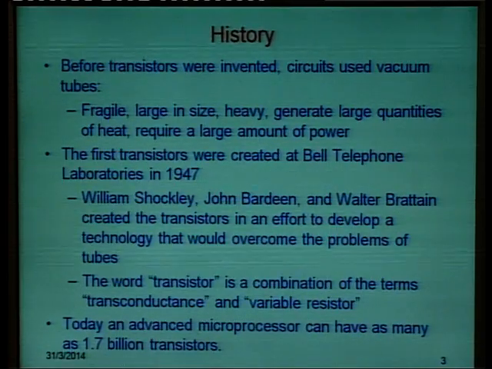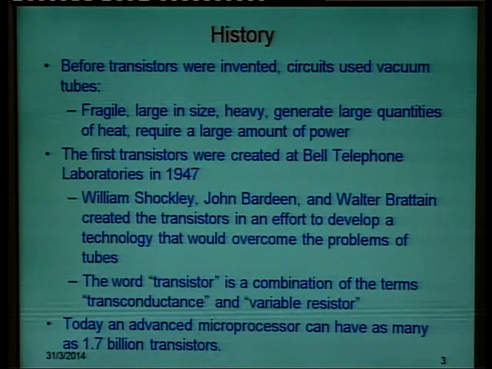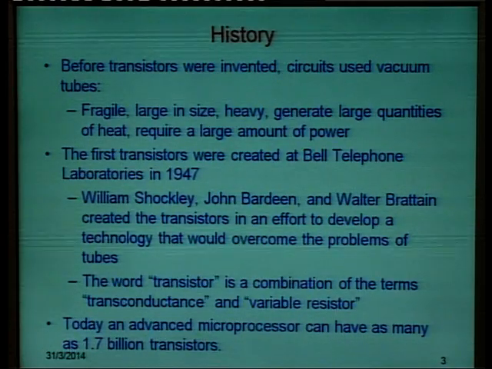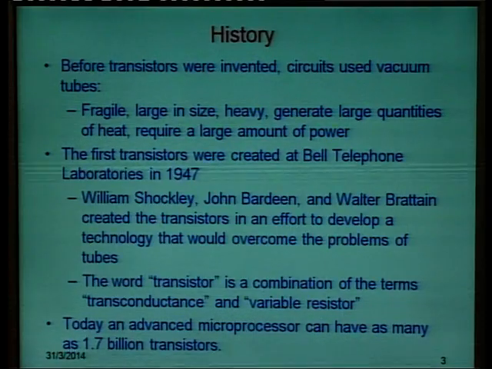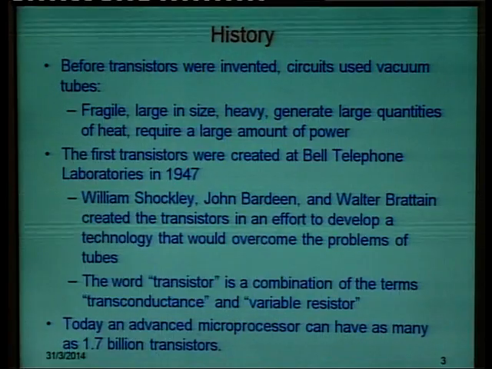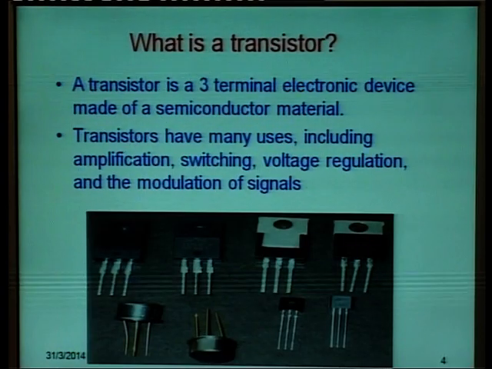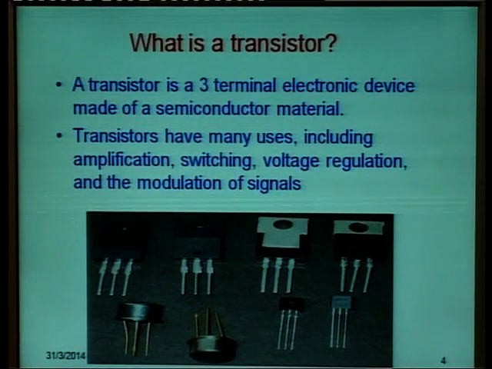The word transistor is a combination of the terms transconductance and variable resistor. Today, the advanced microprocessors that you use can have as many as 1.7 billion transistors. So, what is a transistor then?